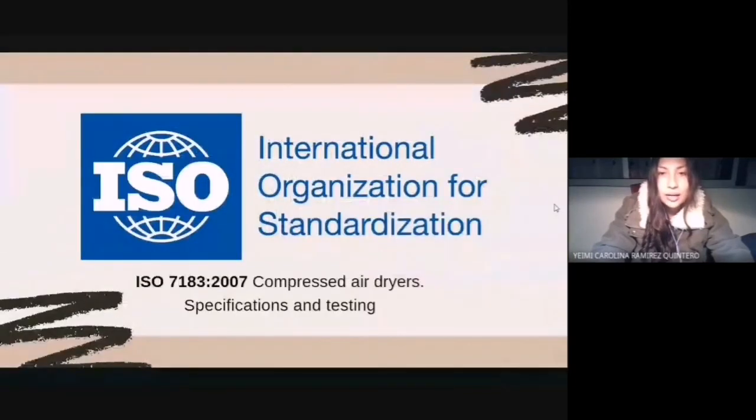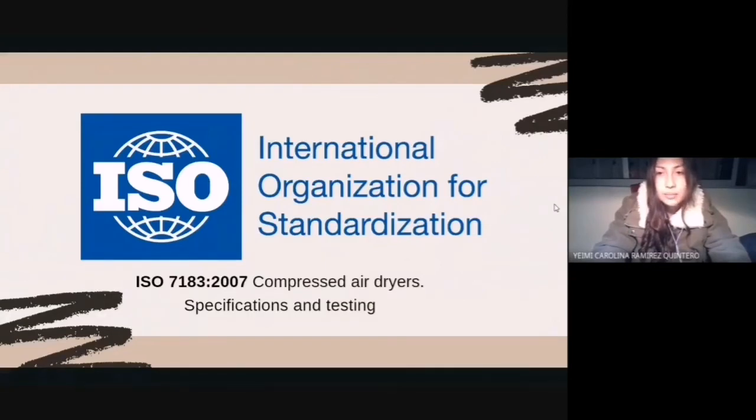The rule ISO 7183 from 2007 specifies the performance data that are necessary to establish and the applicable test methods for different types of compressed air dryers.